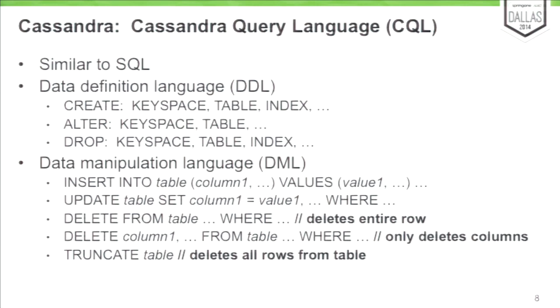A couple of things to note in Cassandra: insert and update are syntax sugar over the same operation. It's all upsert, but they chose to present to you insert and update as a matter of syntax convenience and maybe even familiarity with SQL. Deletes are interesting because when you say delete from a particular table, that deletes the entire row. But you can actually delete individual columns from the row, because remember, not every row has to have the same number of columns. And then if you actually want to delete all the data in the table, that's called truncate.